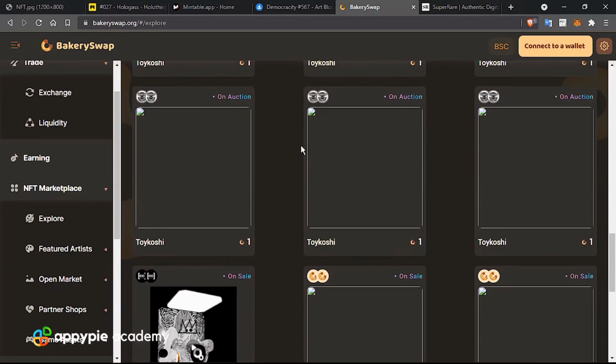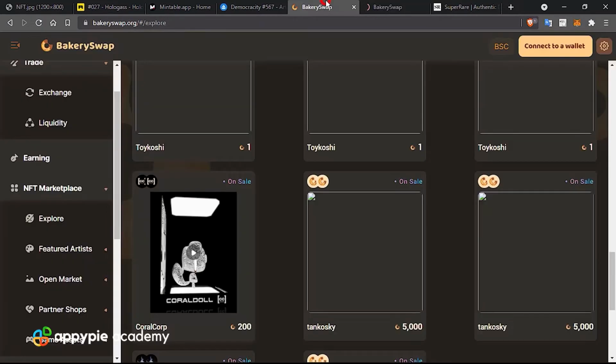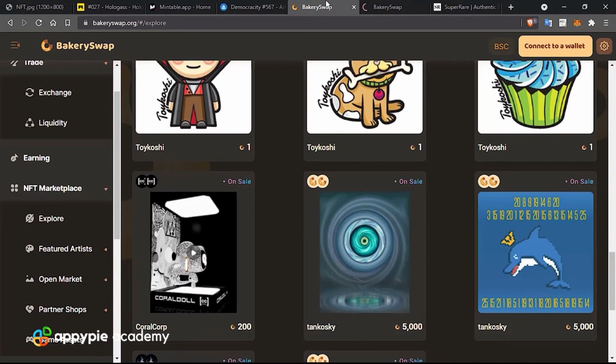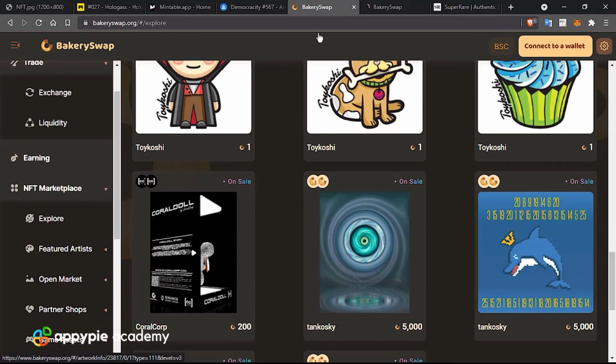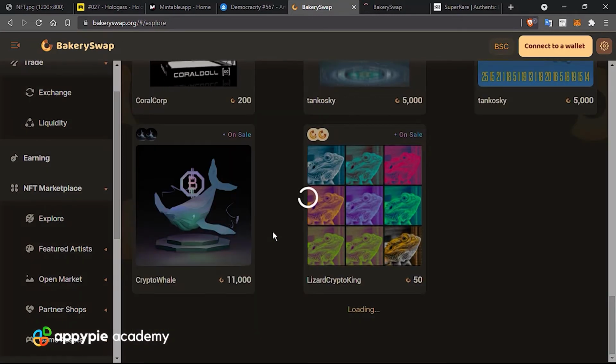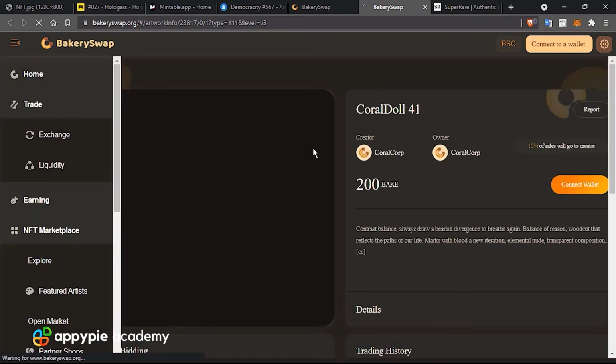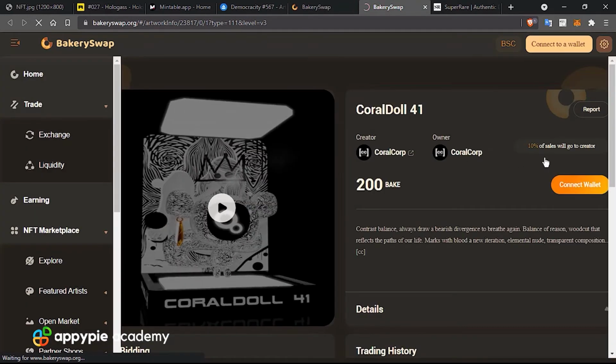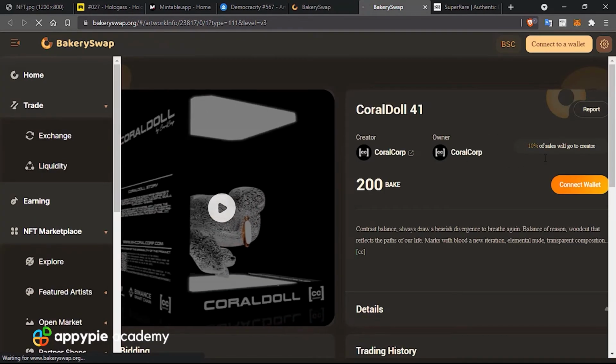Let's see some simple one. Basically you select one and then you can check them out. This will be roughly 200 Bakery tokens, and you can see here 10% of sales will go to the creator.